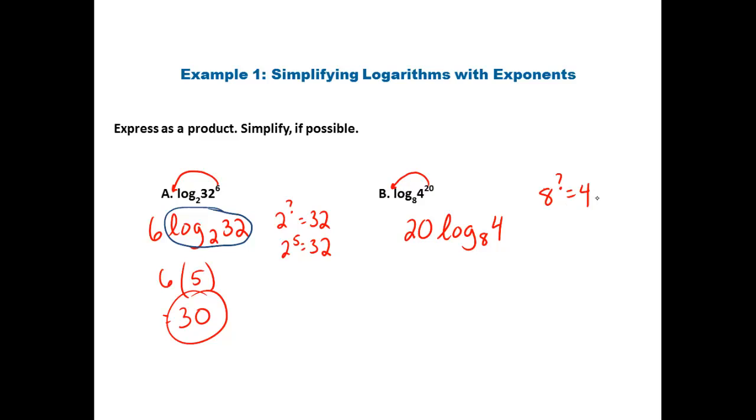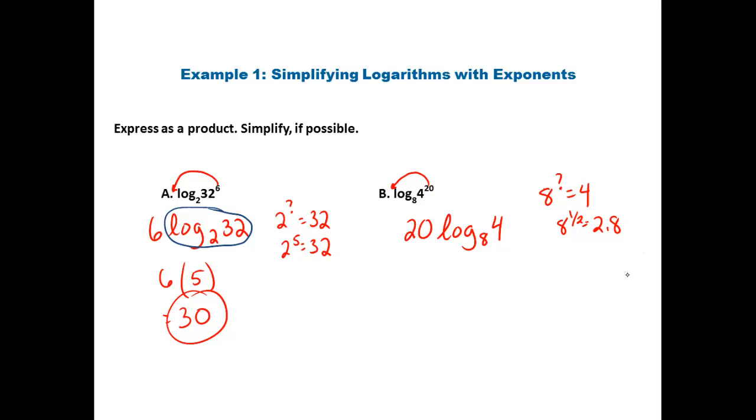Alright, so if we look at this, the number got smaller, so this would be like a decay problem. Alright, so we know that the exponent here is going to be less than 1. Alright, so let's try a couple. Let's say 8 to the half. Alright, 8 to the 1/2, put that in our calculators, is about 2.8.